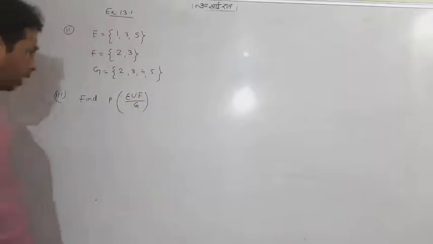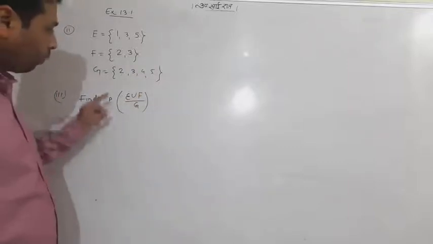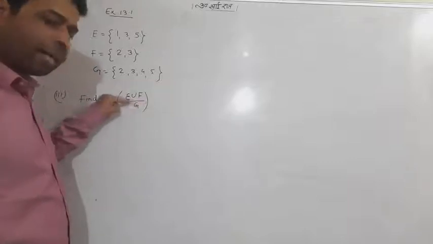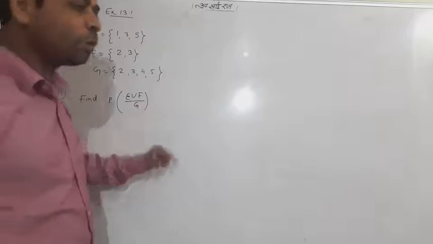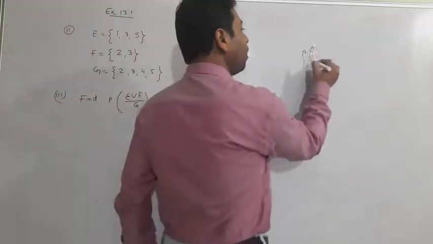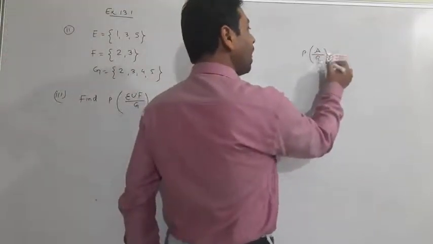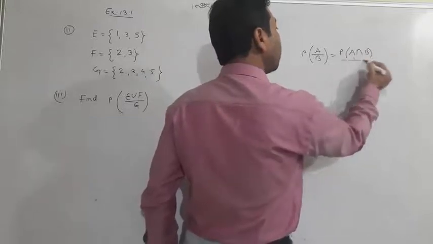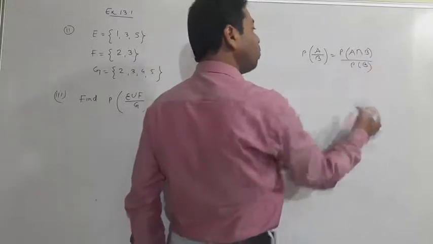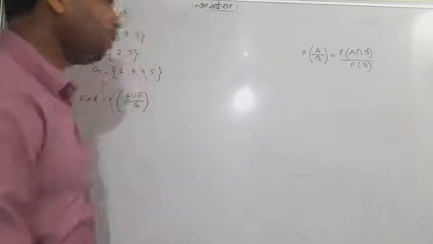Nothing is hard, but first of all we want to know the meaning of that divide. I taught you yesterday it's a conditional probability. So what was the formula? P of A upon B has the formula P of A intersection B upon P of B. The same I will follow here.